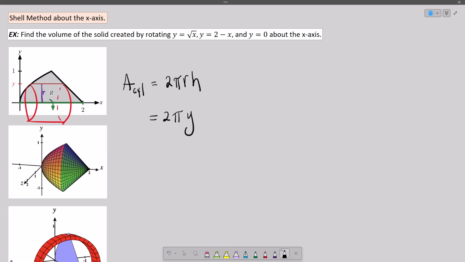Now the height. The height's a little trickier. The height is sideways. The height is the length of that red segment. Horizontal, sideways. Back to basics: horizontal distance is right x coordinate minus left x coordinate.